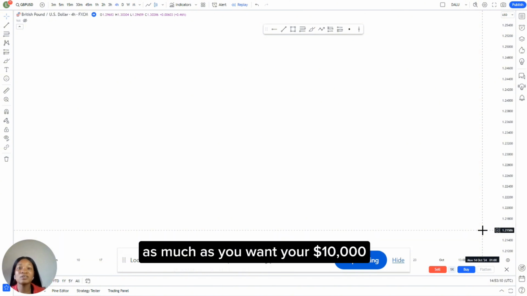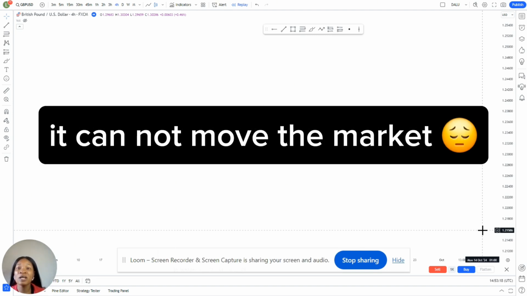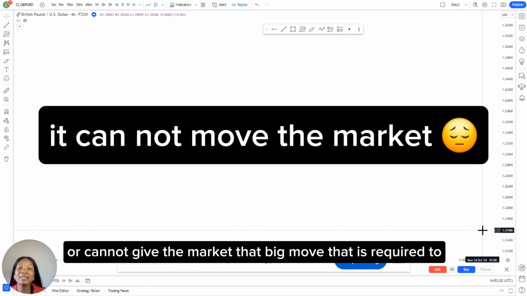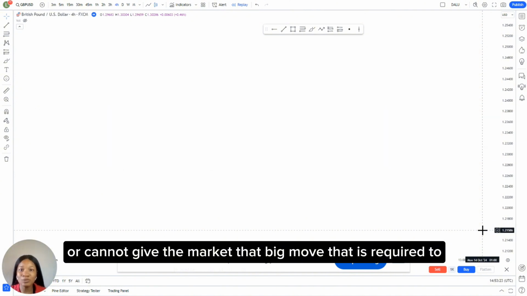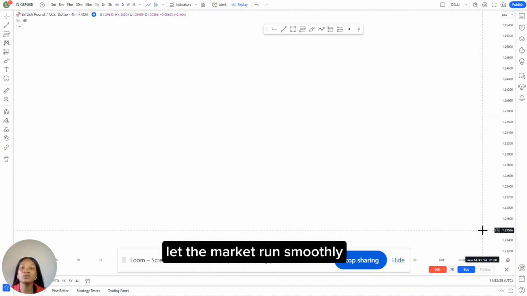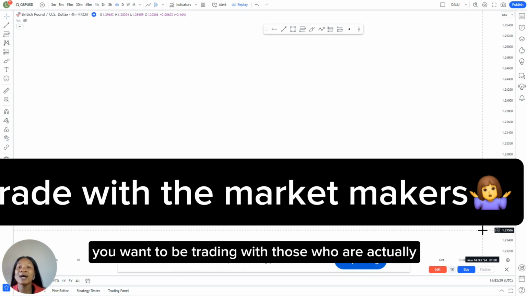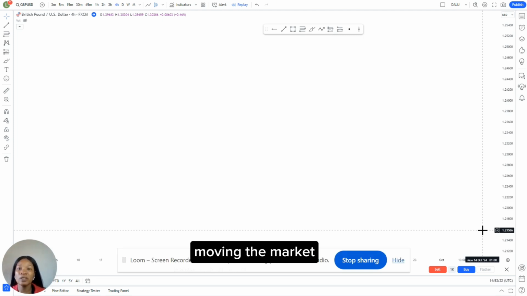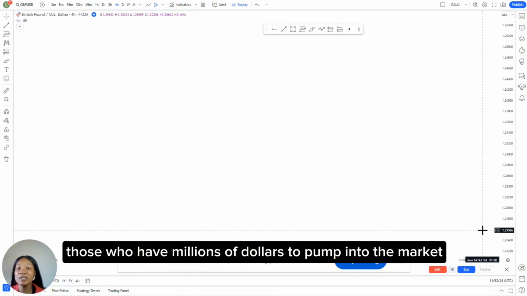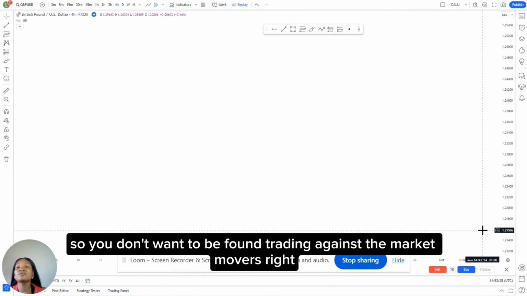As much as you want your $10,000, $50,000, $500 to be significant, it actually cannot give the market that big move that is required to let the market run smoothly. So what you want to be doing is trading with those who are actually moving the market, those who have millions of dollars to pump into the market. All right, so you don't want to be found trading against the market movers.